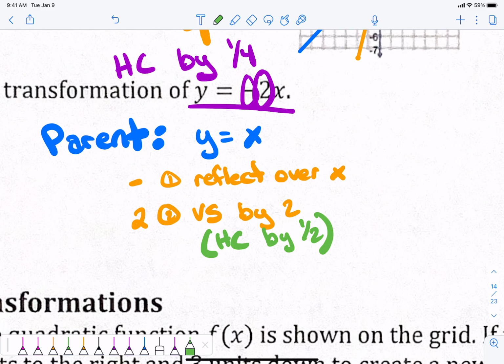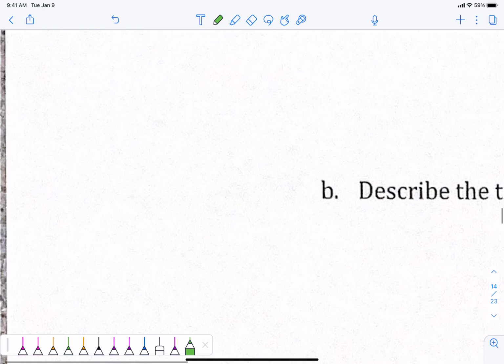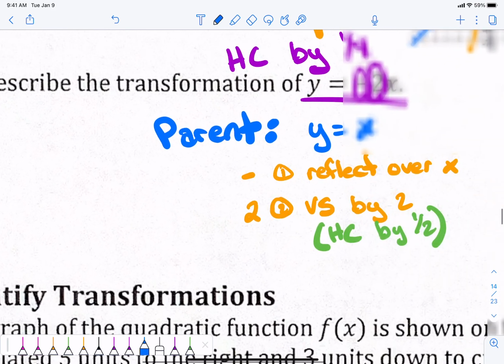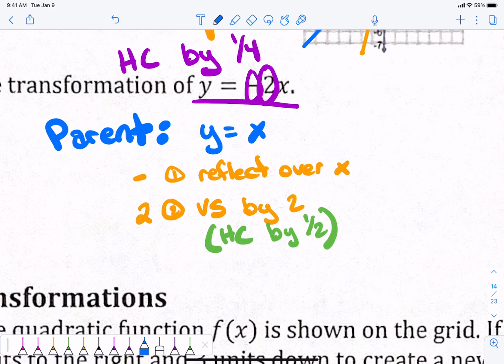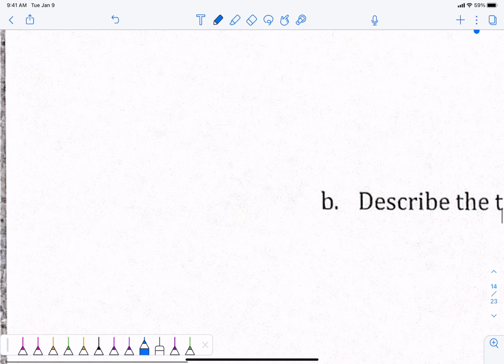Now, if you're confused, don't listen to me. If you're not confused, hear me out. Let's say this. For a linear function, a vertical stretch by 2 is the same thing as a horizontal compression by 1/2. But let's look at this. Let's say that our function is y equals 4x squared.